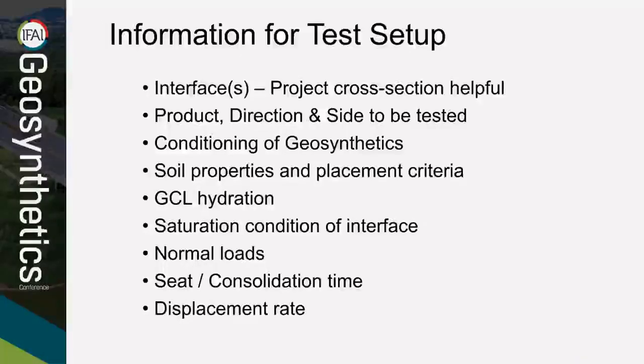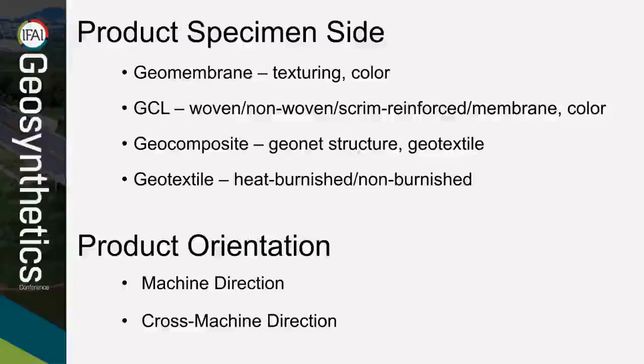Information needed from the test requester to set up the interface shear test includes information about the materials to be sheared, instruction of possible conditioning of the shear materials, as well as the test parameters for the shear test. For interface shear testing, the actual products or materials to be installed, or representative samples of the same material, should be used.